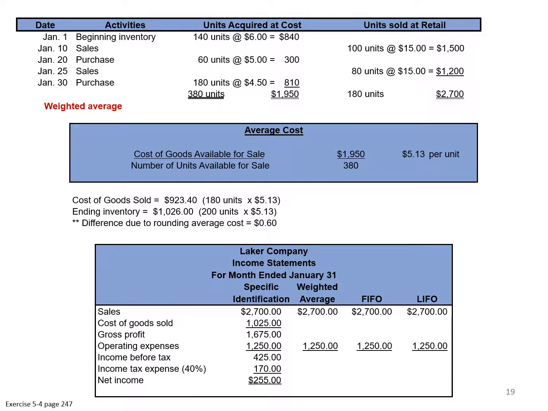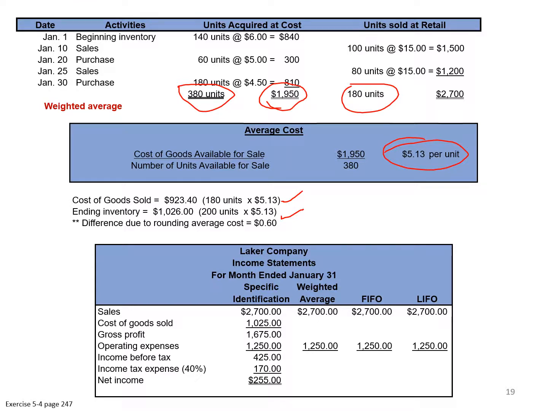So then under weighted average, our average cost is our $1,950 divided by our 380 units, or 5.13 per unit. 5.13 times 180 units sold is cost of goods sold of $923. Ending inventory, it's 200 units, 380 minus 180, times average cost, $1,026.